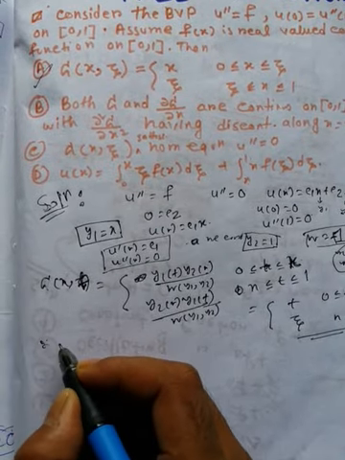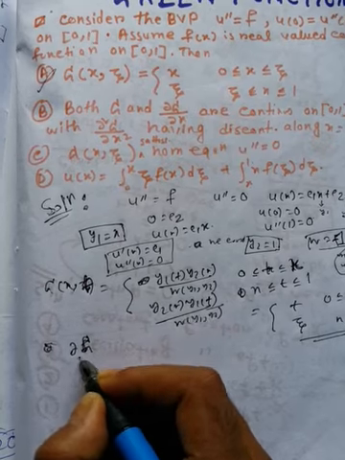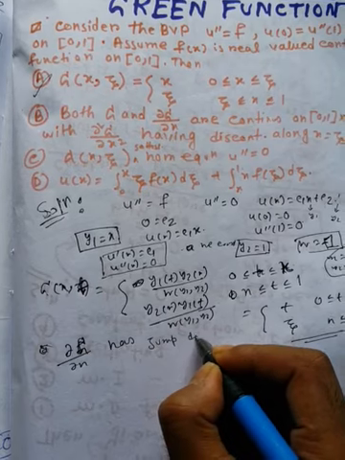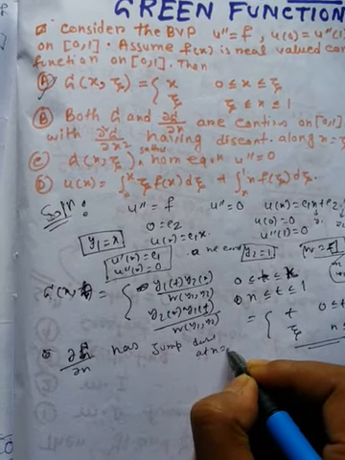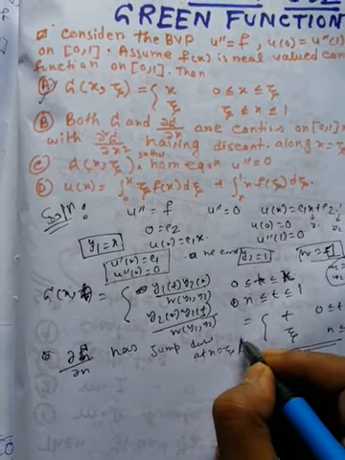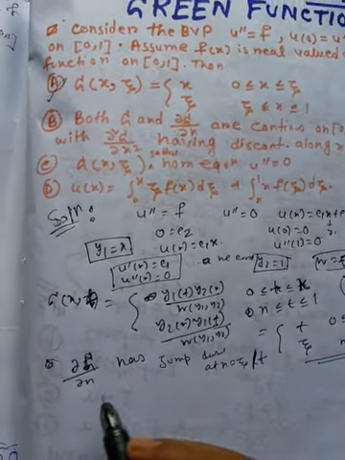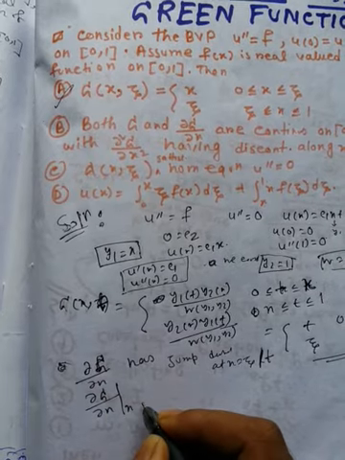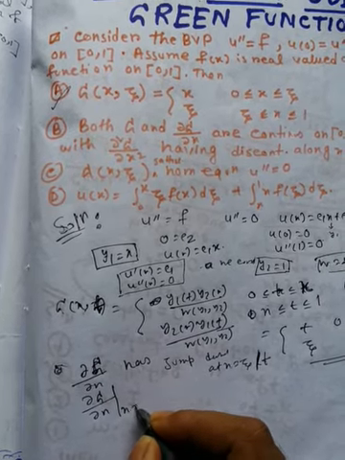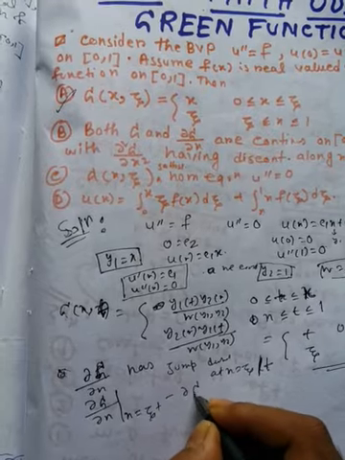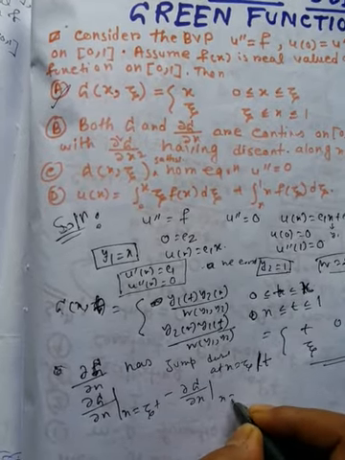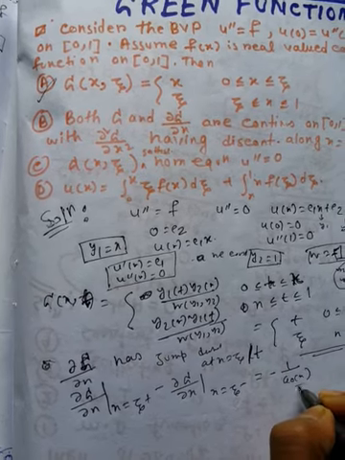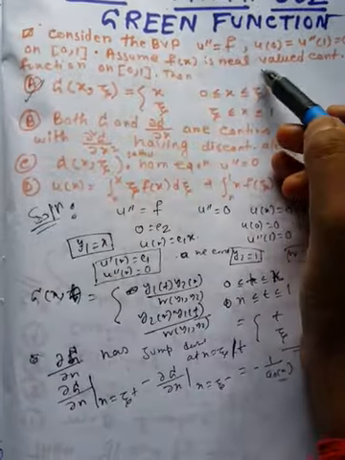And the second option: we know that del G del x has a jump discontinuity at x equal to t. So del G del x at xi plus minus del G del x at xi minus equals minus 1 by a0(x), where a0 means the coefficient of y double dash.